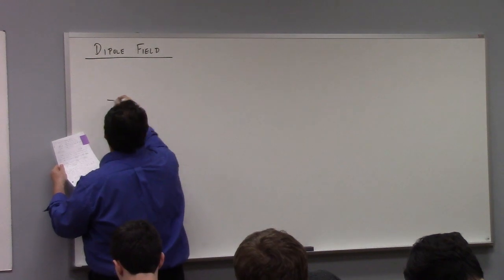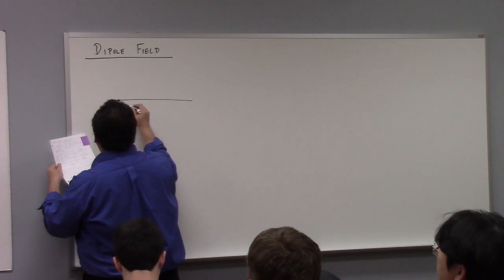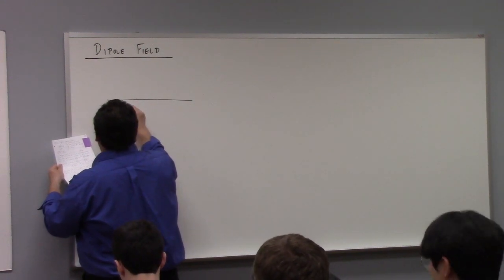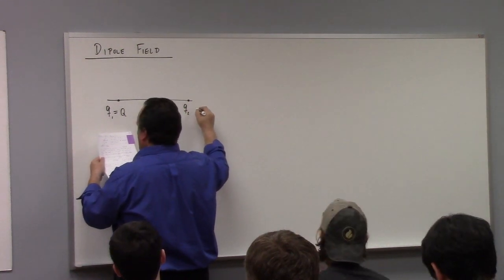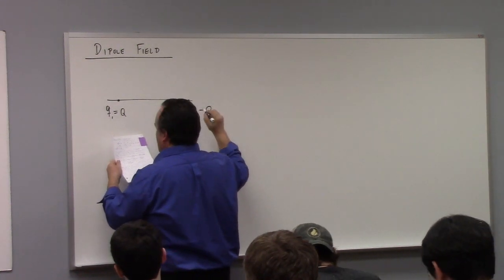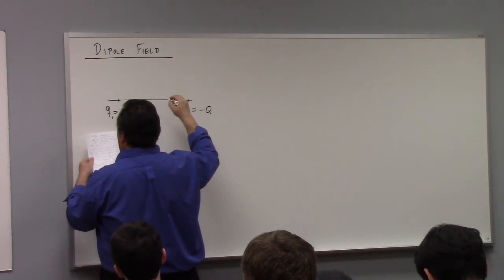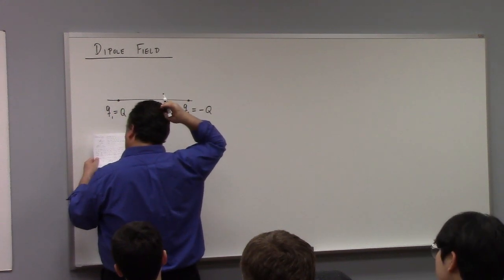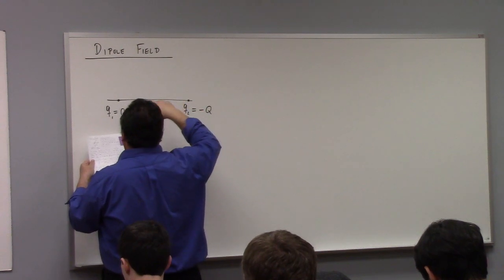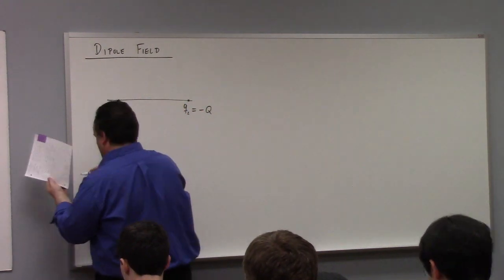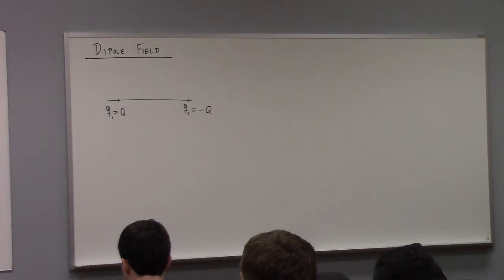So suppose you've got Q1 equals Q. You've got Q2 over here equals minus Q, all right? We're going to place Q1 at minus A0, and Q2 is at A0.